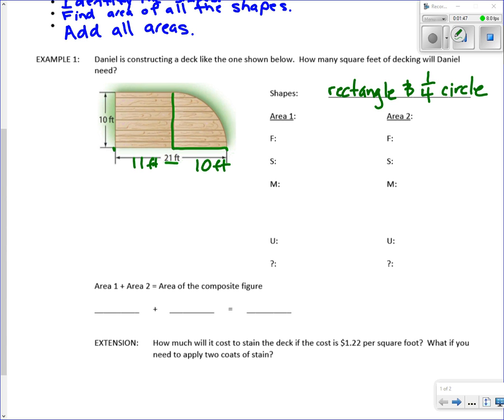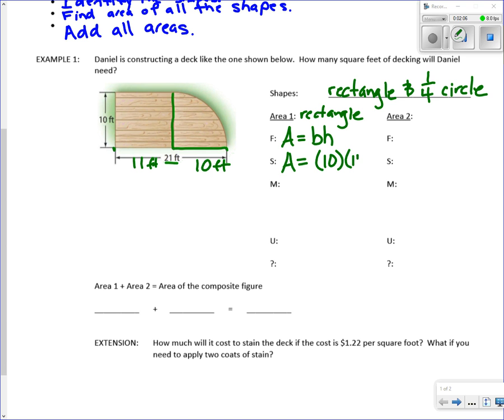All right, so for area 1, I'm first going to do the area of the rectangle. Formula: look on your formula chart. Area is base times height. I'm going to substitute in.